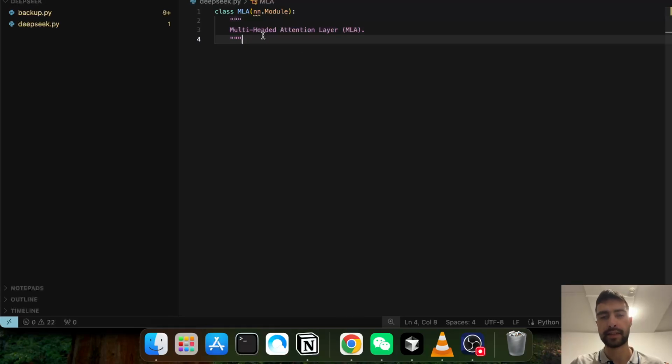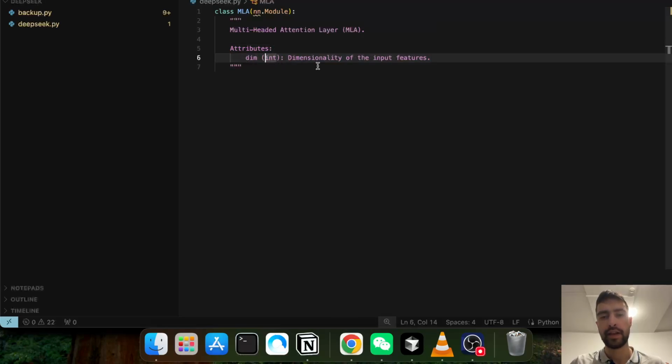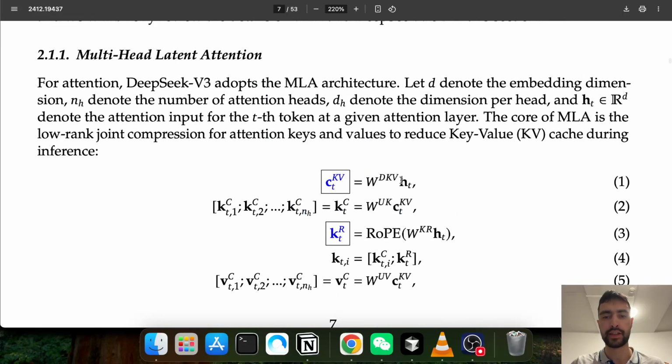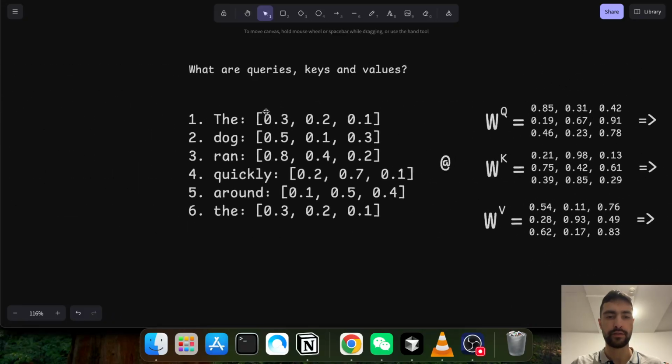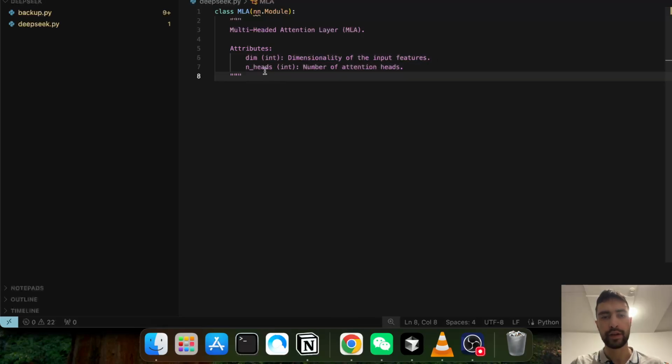Then I will just add some comments. Attributes that this class has are going to be dim. This is the dimension of the input vector. So this is just the token dimension. I can show it in Excalidraw. So this is the length of the token embedding vector. Then the number of local heads, as I was explaining. This is because you are doing computation on different GPUs, so you want to spread heads onto GPUs.